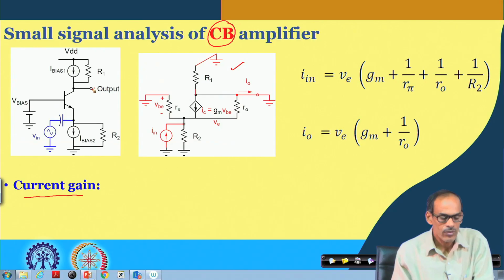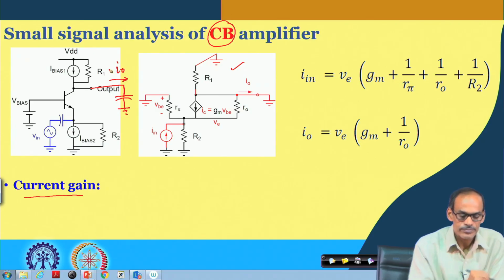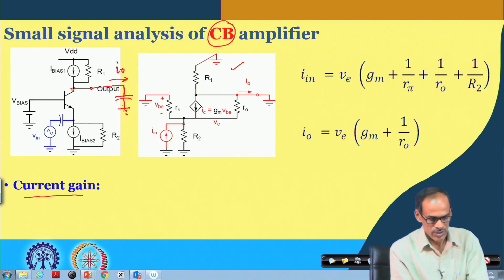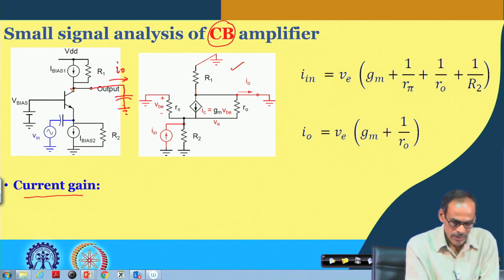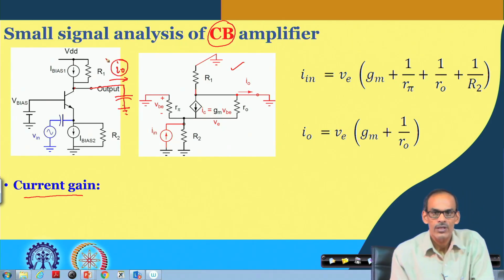What do we mean by unloaded? We have to basically short this node to AC ground, and then we have to find how much current is coming from the circuit, the signal current. We are putting this capacitor so that the operating point of the transistor is not getting affected, and at the same time, signal-wise, we are observing the short circuit output current.